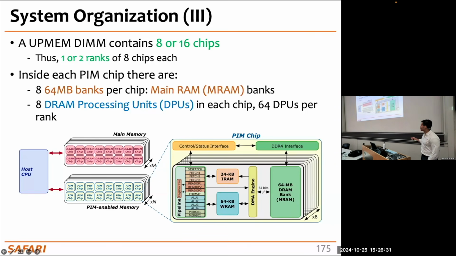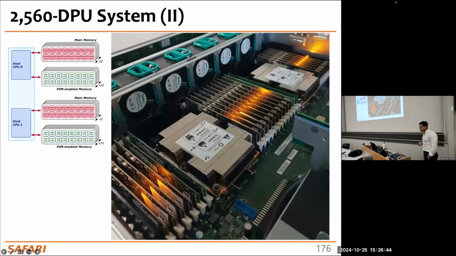So you don't operate directly on the data in the DRAM bank. You need to move the data from the DRAM bank to the scratchpad memory, and then from the scratchpad memory to the registers of the CPU cores. This is a picture of one of the systems that the UpMem people give you access to.